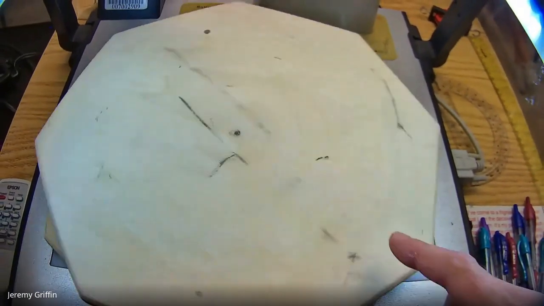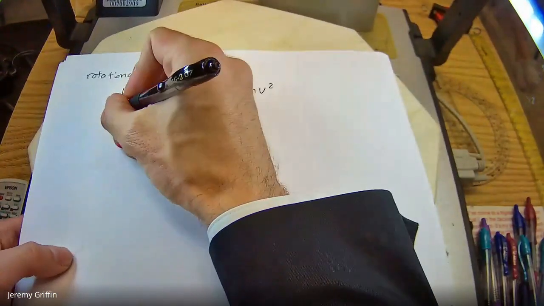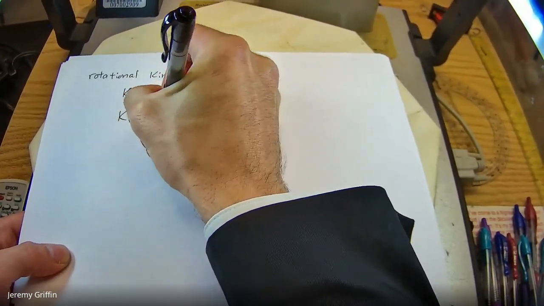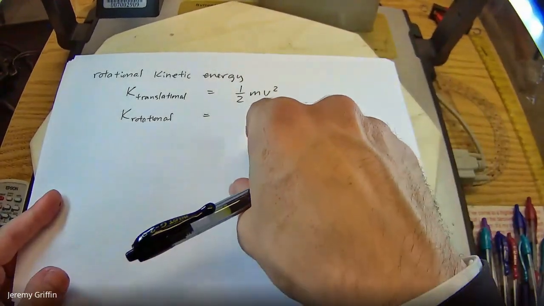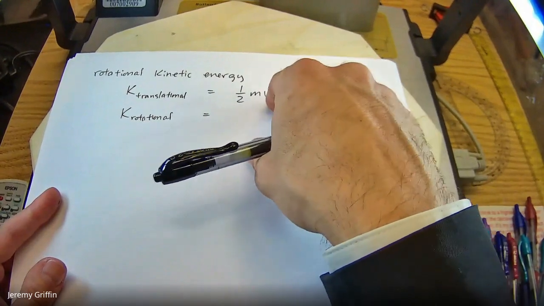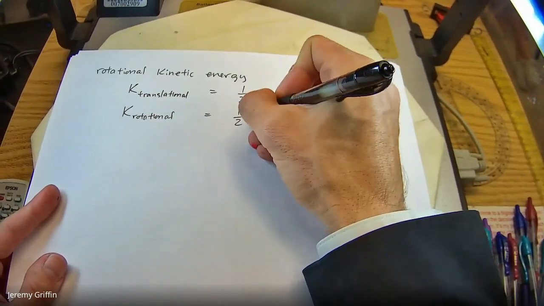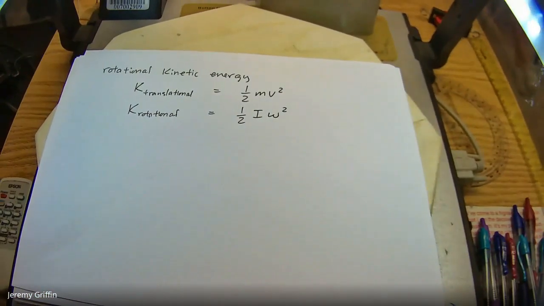They all have the same turns per time, same radians per second. Which might be a hint as to what K rotational is going to be, the rotational kinetic energy. And all you have to do is pop in the rotational equivalents of these linear motion variables. So it ends up being 1/2 I omega squared, just like that.